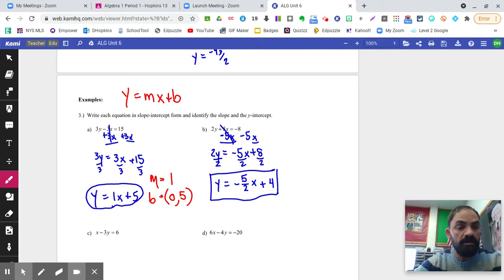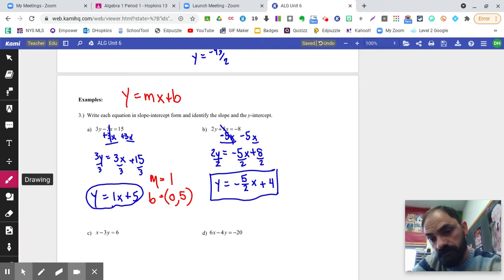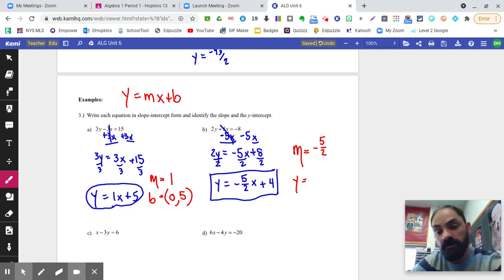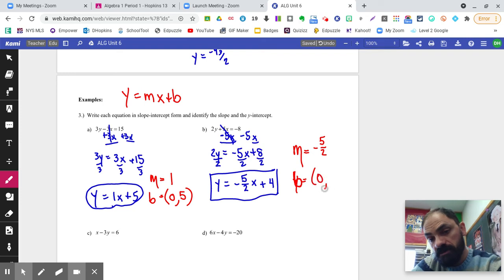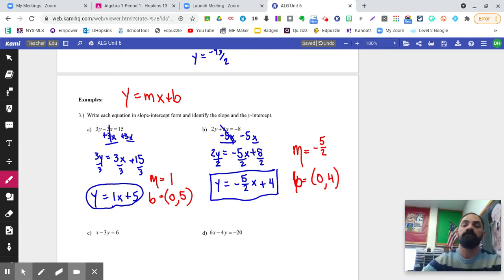Okay, and the slope, -5/2. And the y-intercept, or the b, I'm sorry, is 0, 4. 2 to go.